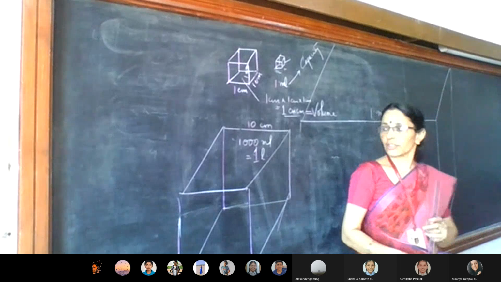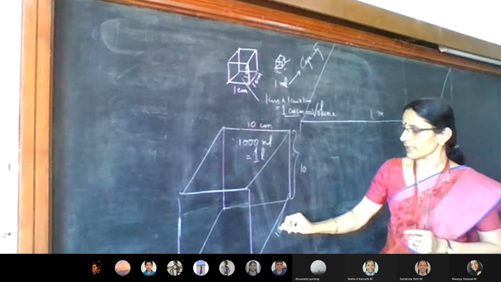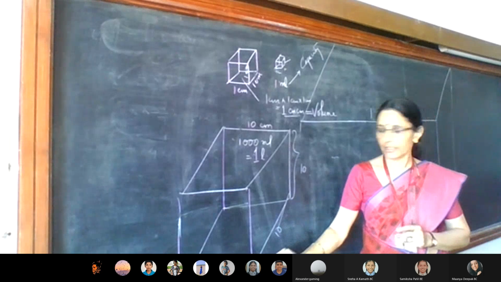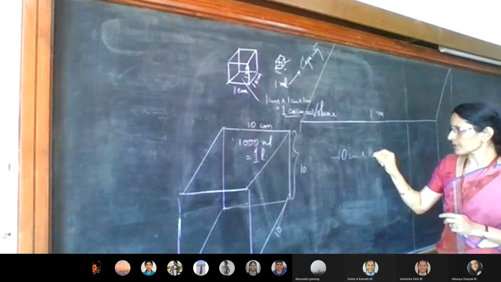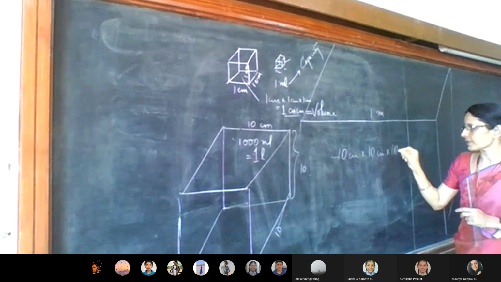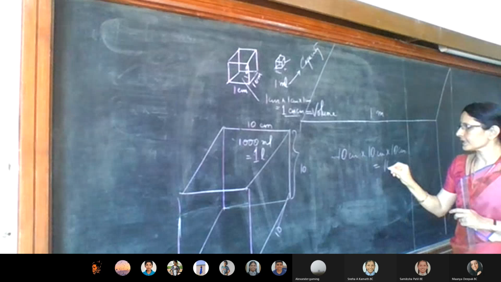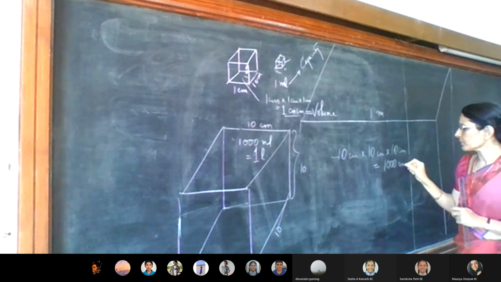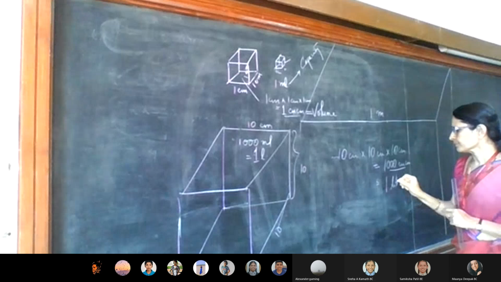So this is 10 centimeter into 10 centimeter into 10 centimeter, which gives 1000 ml. 10, 10, 10 multiplied, 1000 cubic centimeter. This is 1 liter.